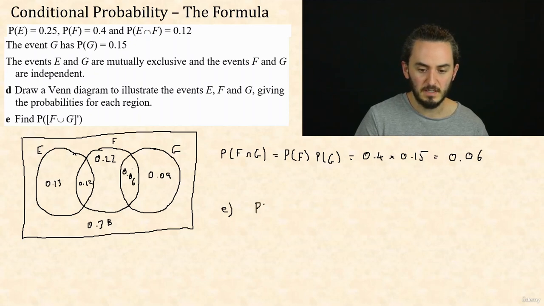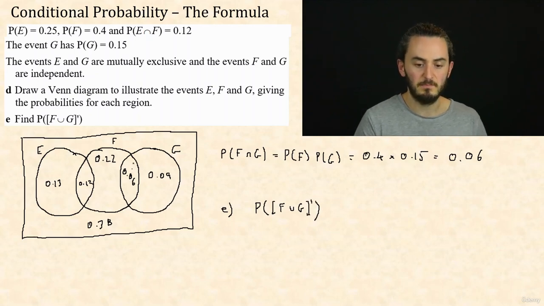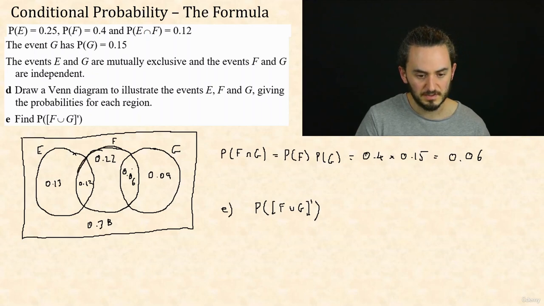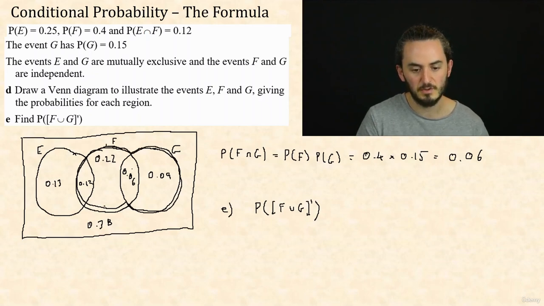Find the probability of, okay, we've got a complicated thing here, F or G, but not that. So not F or G. Well, F or G would be this entire region here. So the kind of combined bubble of F and G here. So all of that stuff.